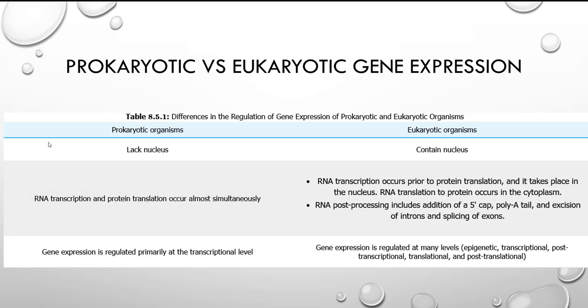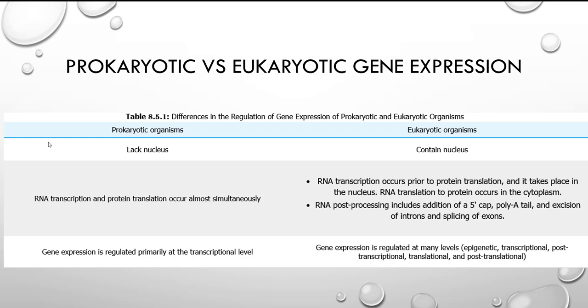While the prokaryote is undergoing transcription, the ribosome starts attaching to the mRNA transcript and starts producing the polypeptide chain. So it's occurring simultaneously.